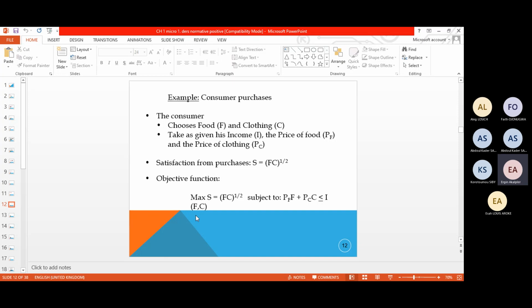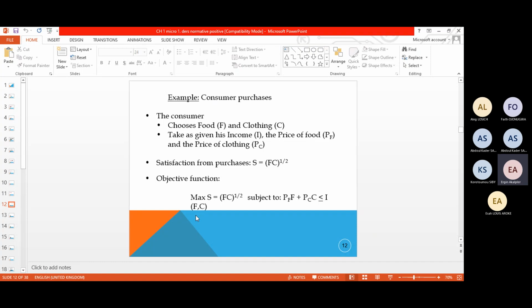The price of food is PF, and the price of clothing is PC. The satisfaction from purchases is S, the utility function used, which is the square root of F multiplied by C. Then the objective function, maximizing satisfaction, gives the square root of F multiplied by C.